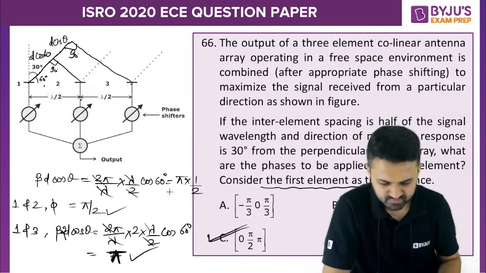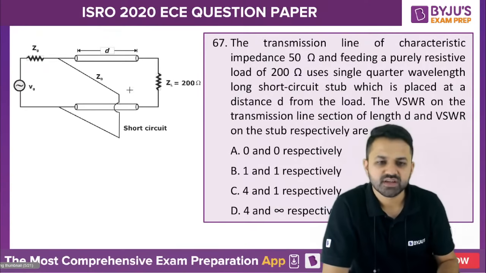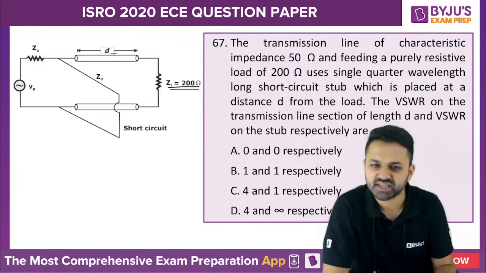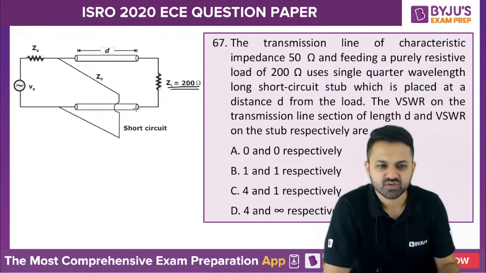Now coming to the next one, we have a transmission line with a load of 200, and the characteristic impedance Z0 is given as 50. Let's calculate the reflection coefficient.